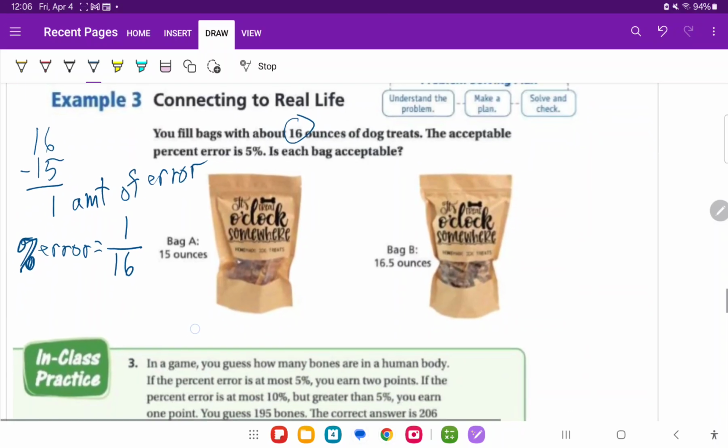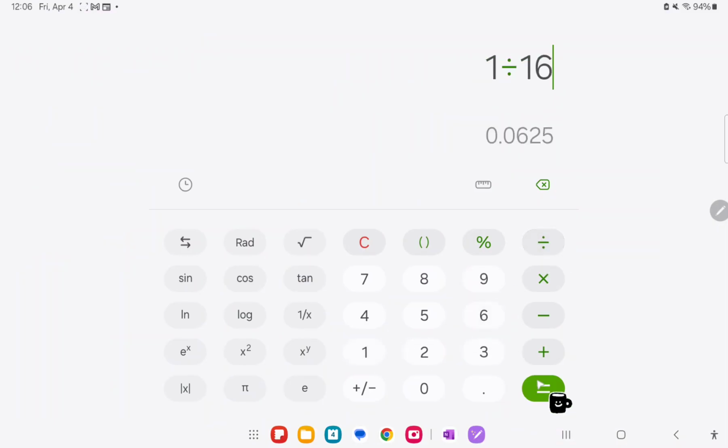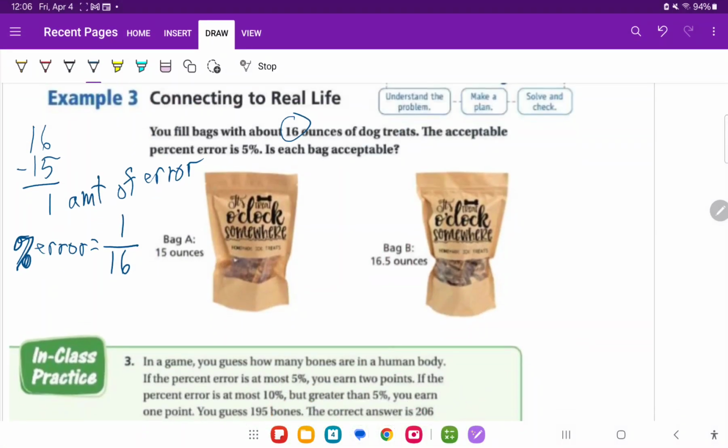So we're going to go 1 divided by 16. And so that's 0.0625. Move the decimal, 1, 2, to right there. And so the percent of error is 6.25%.